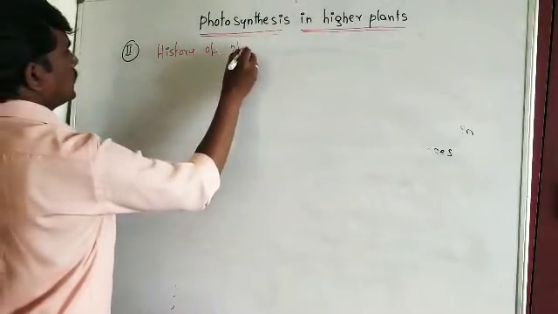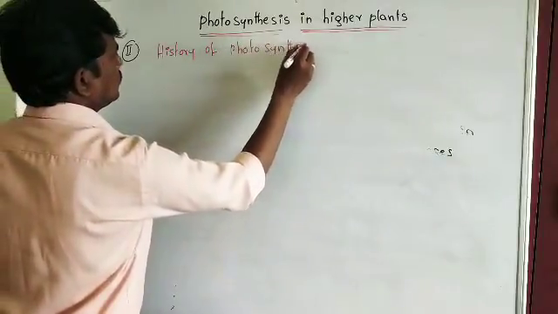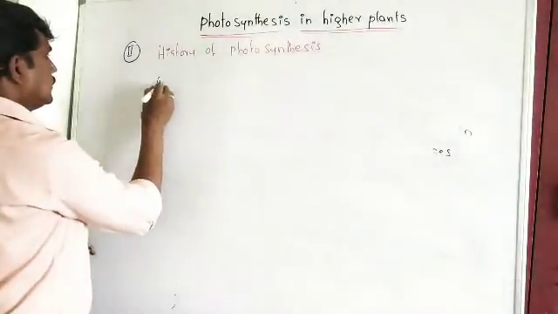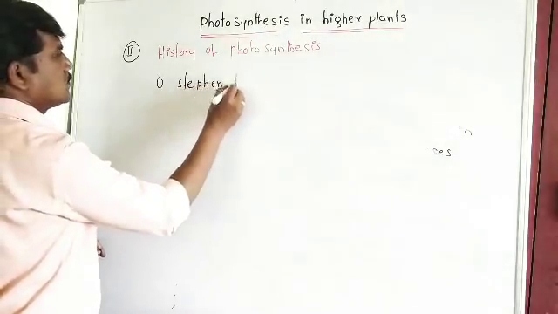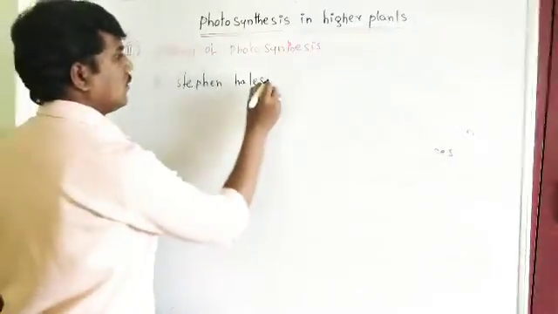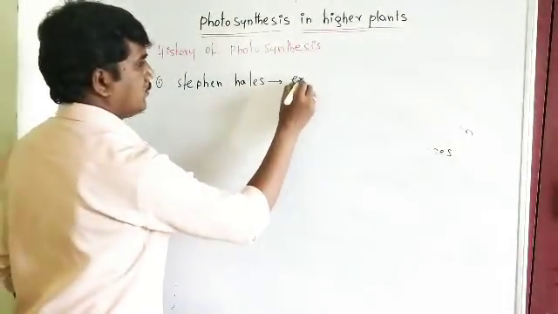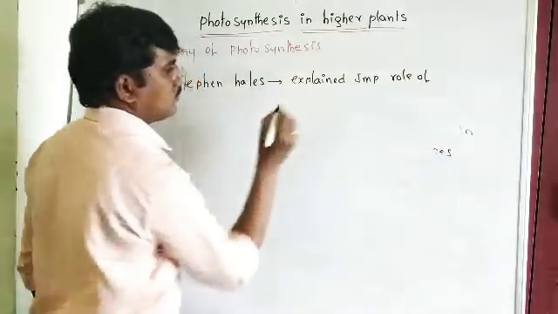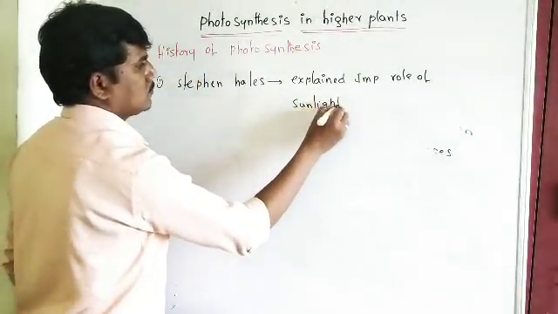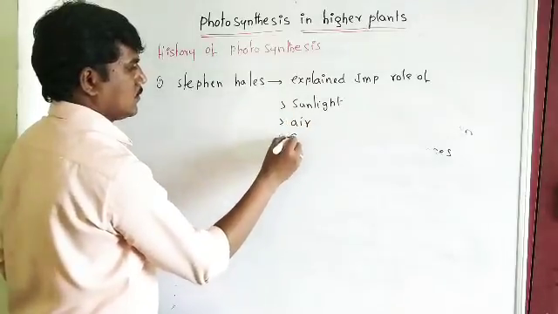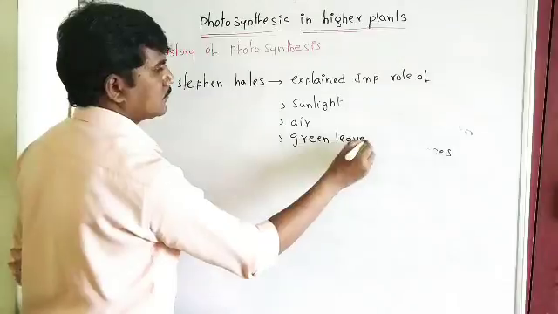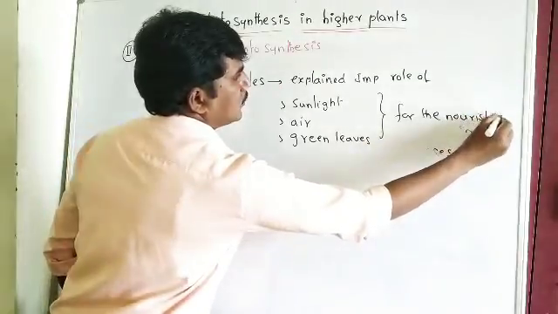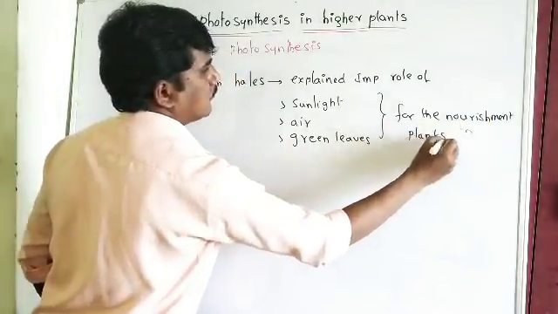When coming to the history of photosynthesis, the first one, Stephen Hales explained the important role of sunlight, air, and green leaves for the nourishment of plants. It's very important.